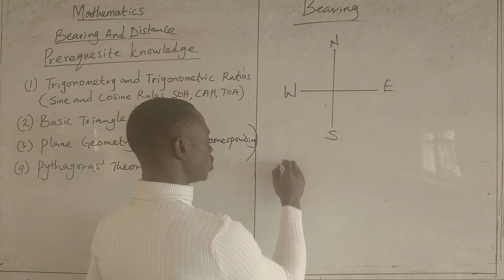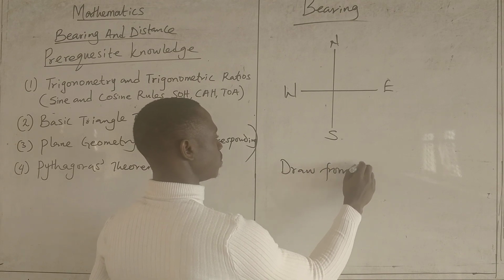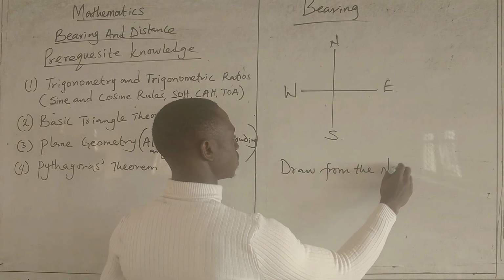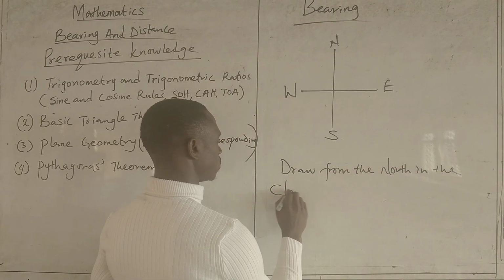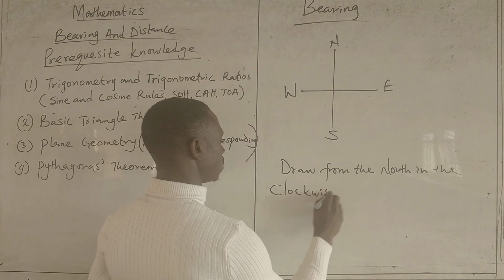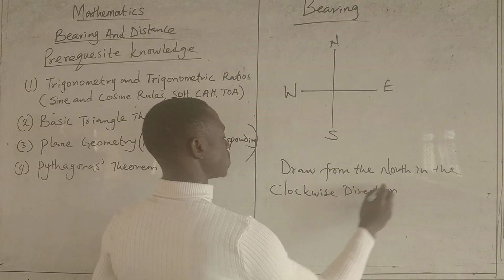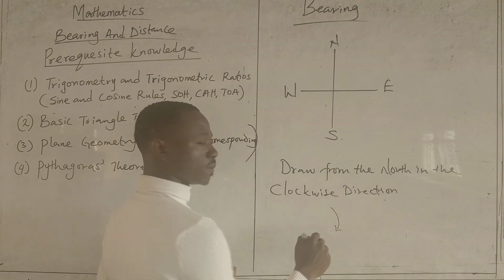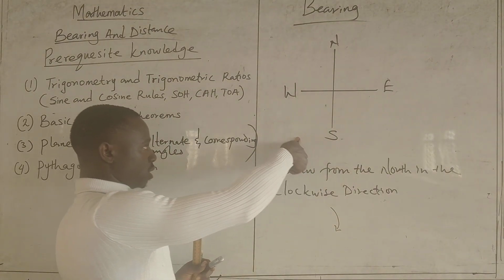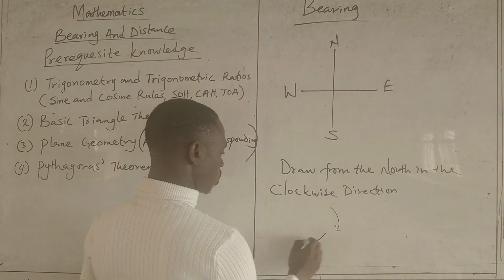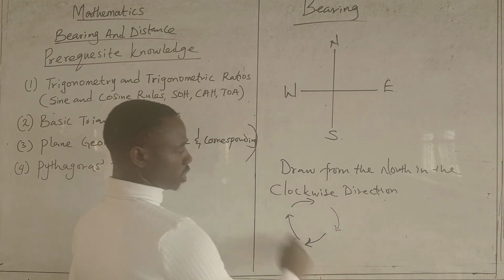So you will draw from the north in the clockwise direction. And when we say clockwise direction, that's in the direction of the clock. The hand of your clock moves this way.